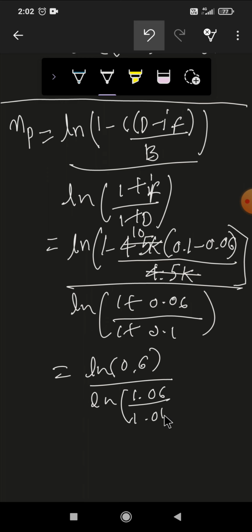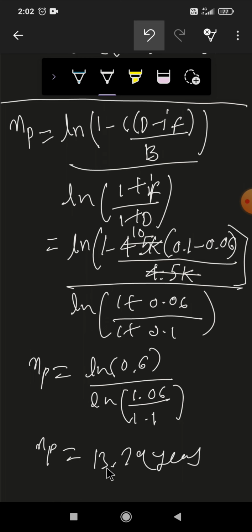Sorry, it is 1.1, not 1.01. So NP will come around 13.79 years, nearly equal to 14 years.